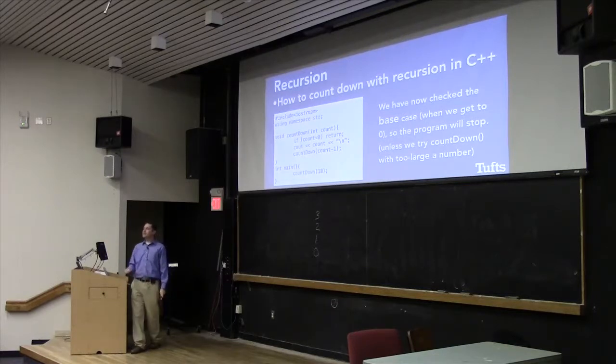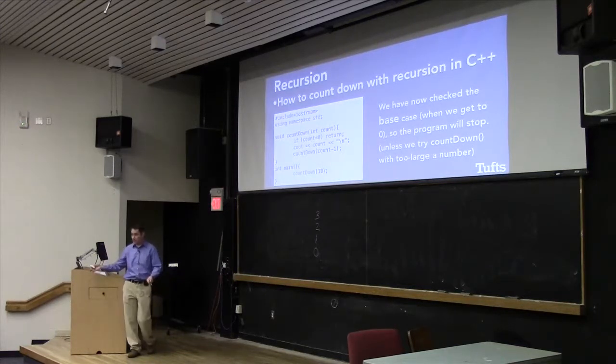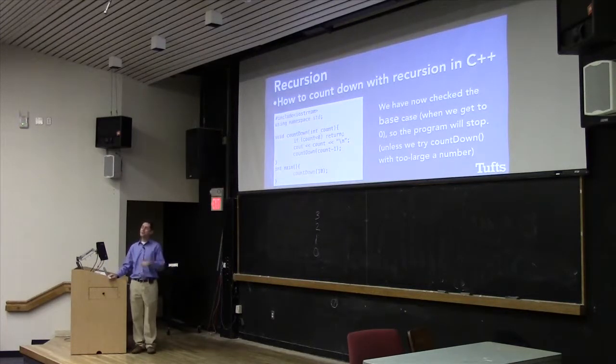Great. Is there a way to count up recursively? What's that? If you choose a stopping point. So when you're counting down to 0, the nice thing about it is counting down to 0 always ends up at 0, right? Counting up is a little trickier because you can count up to 100, and you have to stop at 100.